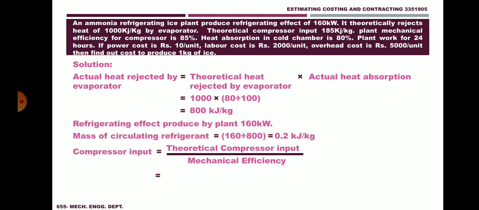Now compressor input. Compressor input equals theoretical compressor input divided by mechanical efficiency. The theoretical compressor input we have is 185 kilojoule per kg, and the mechanical efficiency is 85%, equal to 0.85. So it is equal to 217.64 kilojoule per kg.